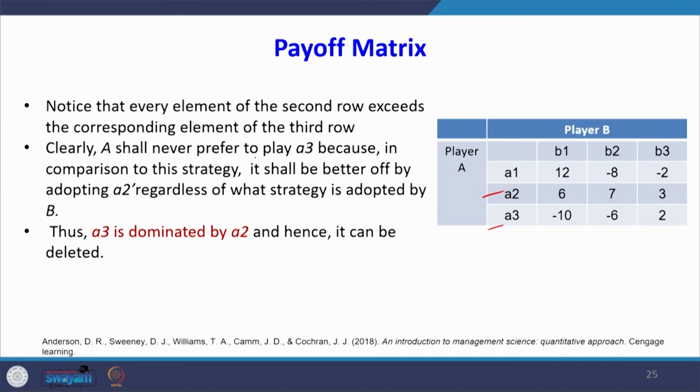A shall never prefer to play A3 because in comparison to this strategy, it would be better off adopting A2 regardless of what strategy is adopted by B. Thus, A3 is dominated by A2, hence it can be deleted. We are not going to play this anyhow, because when we compare element-wise, A3 is smaller and A2 is larger.